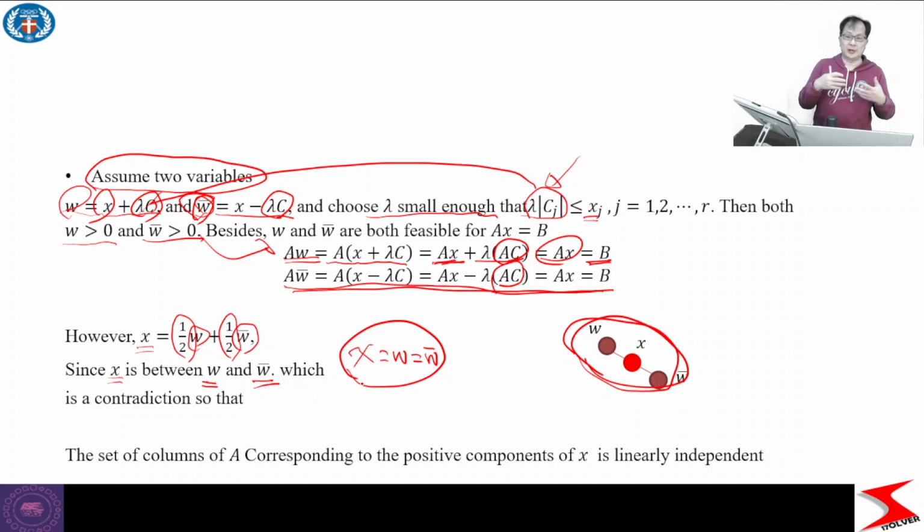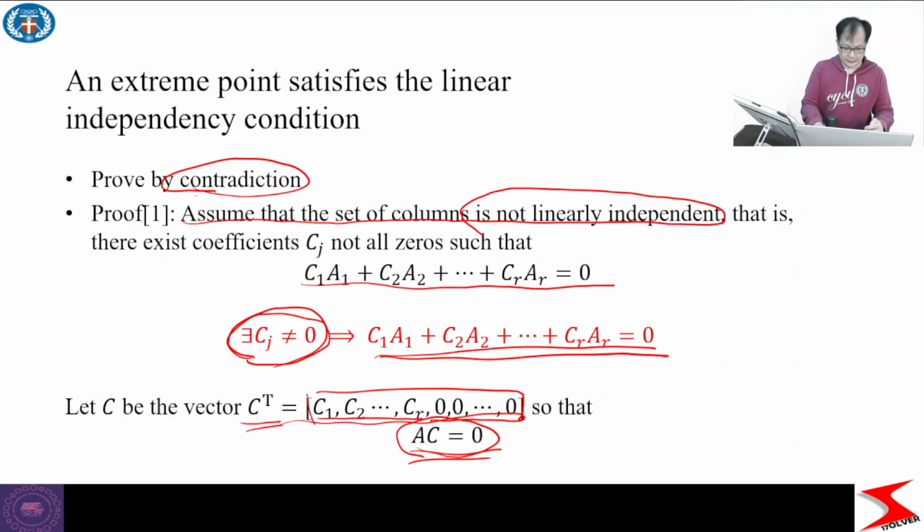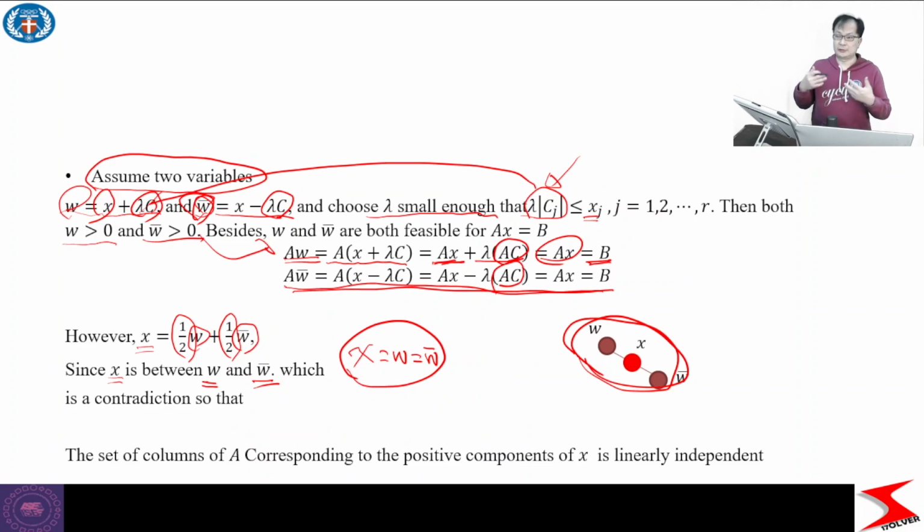So if we assume that A here is not linearly independent, it should be linearly independent, but according to this result, we have a contradiction, which is not an extreme point.